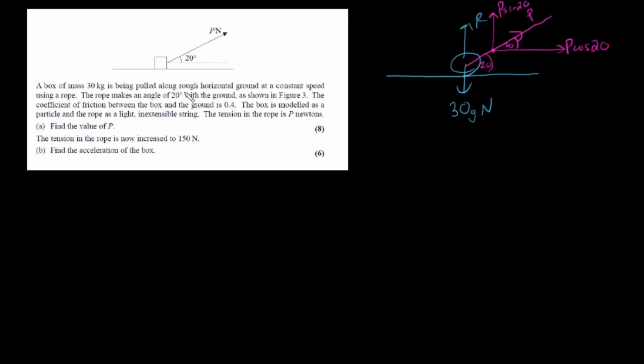Now we know that the box is being pulled on a rough surface and that has a coefficient of friction of 0.4. So that basically means that in the opposite direction there is going to be 0.4R, μR. Okay, so horizontal components.